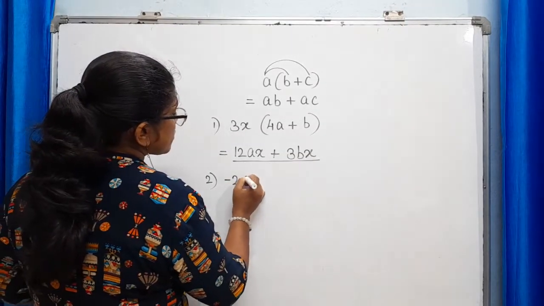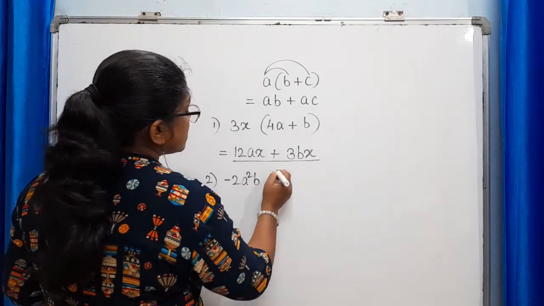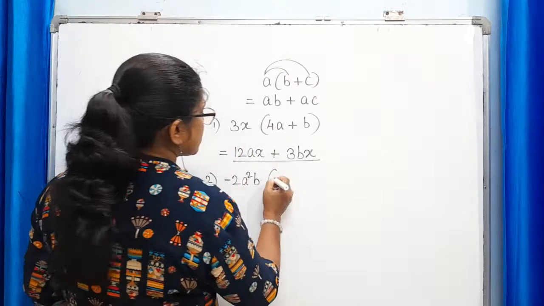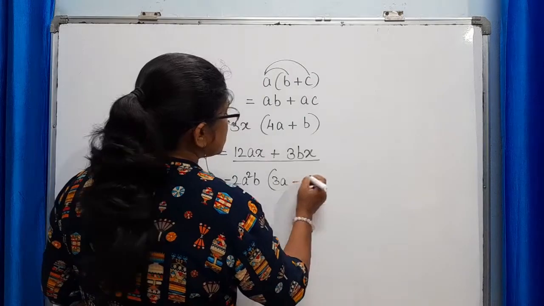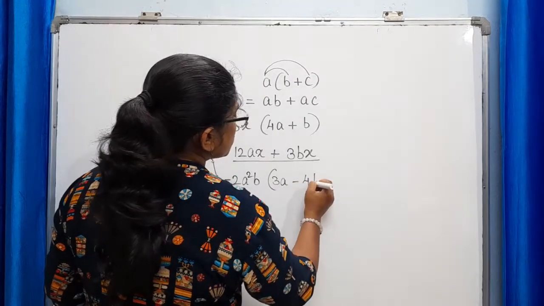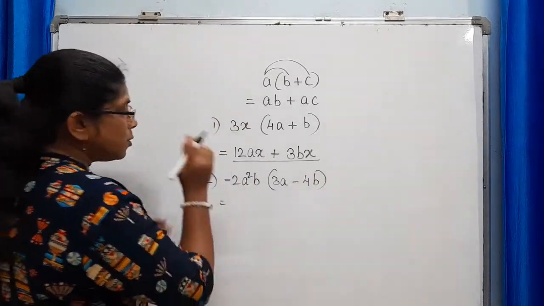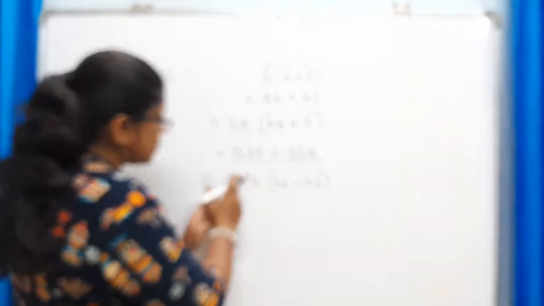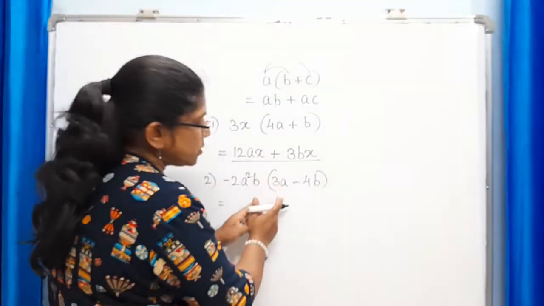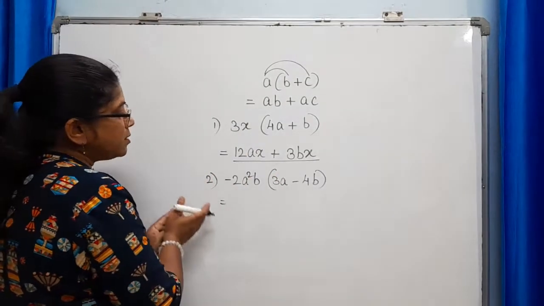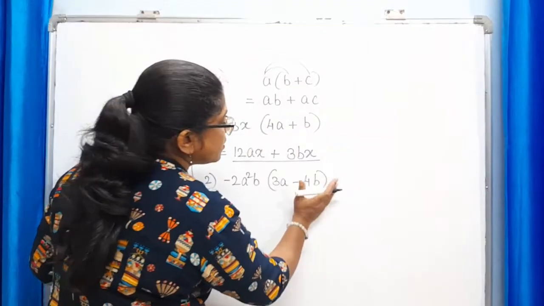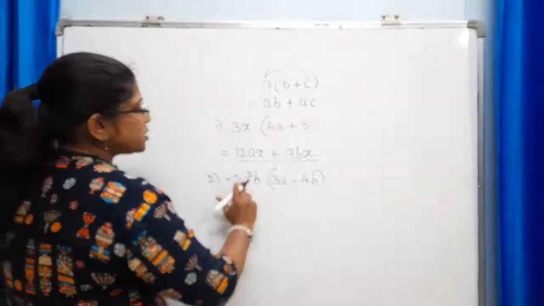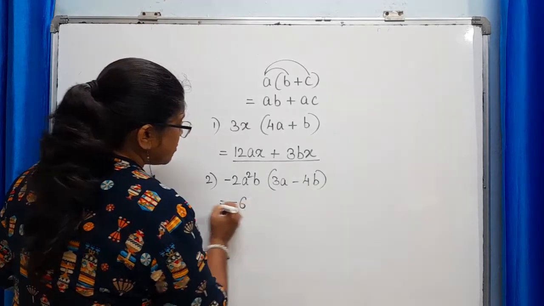Minus 2a square b into (3a minus 4b). Minus 2a square b we have to multiply first with 3a, and then minus 2a square b we have to multiply with minus 4b. Minus 2 into 3 is minus 6.